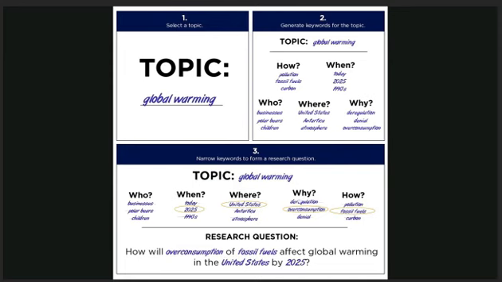The why is the overconsumption, and the narrowing down to the how is looking at fossil fuels. So the research question or problem or statement comes down to how will overconsumption of fossil fuels affect global warming in the United States by 2025? And you can see how much more focused this is compared to the original broad topic of global warming.